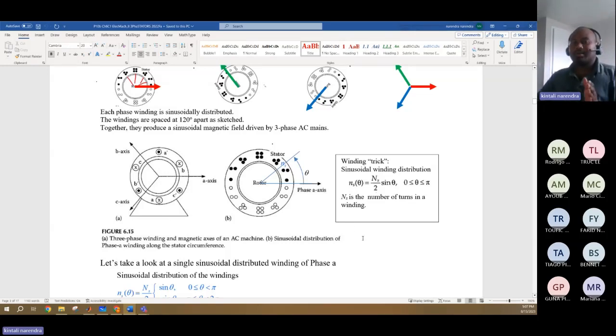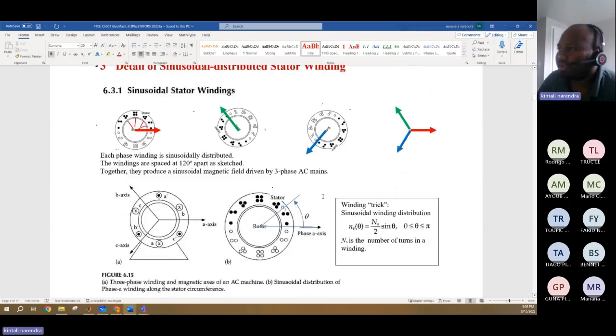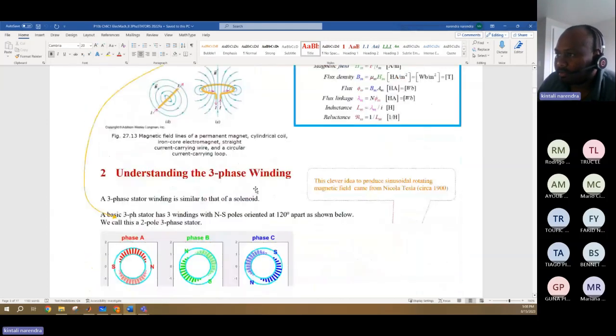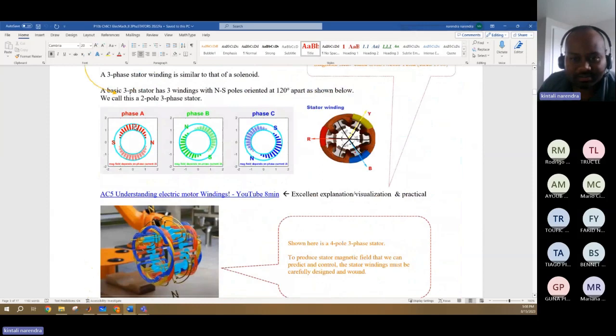Imagine the number of turns in a winding at the peak is 500. Now you need to keep reducing on the opposite side.